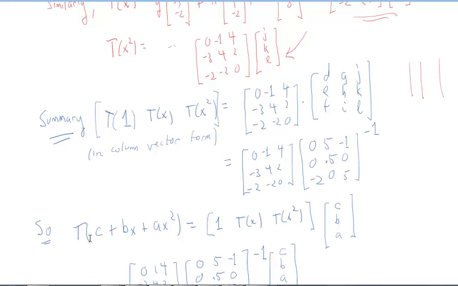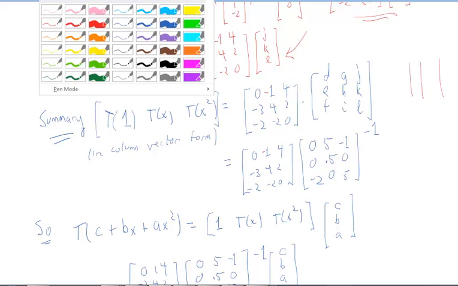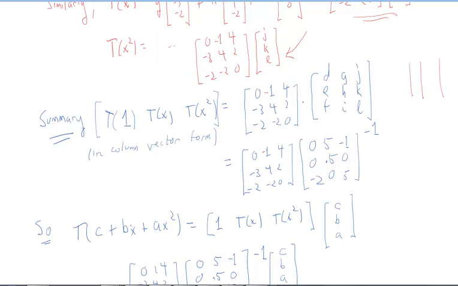Now, suppose I want to get T of c plus bx plus ax squared. Well, when I say T of c, that's the same as T of c times 1. So in fact, I'm taking a linear combination of these vectors that I obtained from this. So the first column is going to be T of 1, next one is going to be T of x, next one is going to be T of x squared.